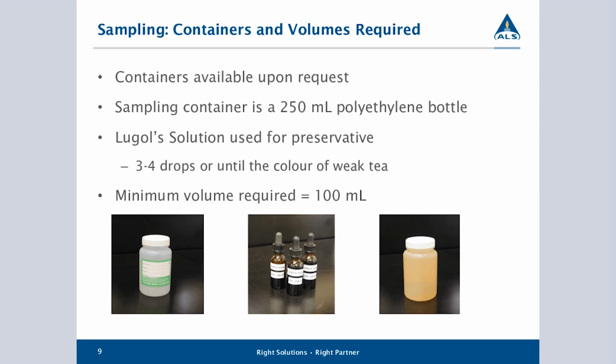We're really only looking at a few milliliters under the microscope. So 250 milliliters is an appropriate amount, but we would probably say 100 milliliters would be considered the minimum amount of sample that we would want. We do encourage our clients to get the proper containers and preservative from us, and not to try and use their own sampling containers if it can be at all avoided.